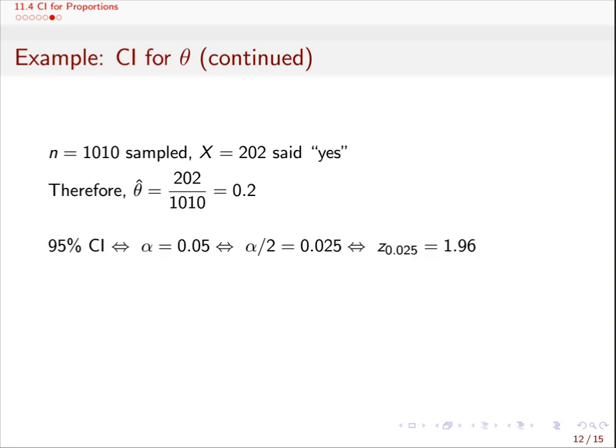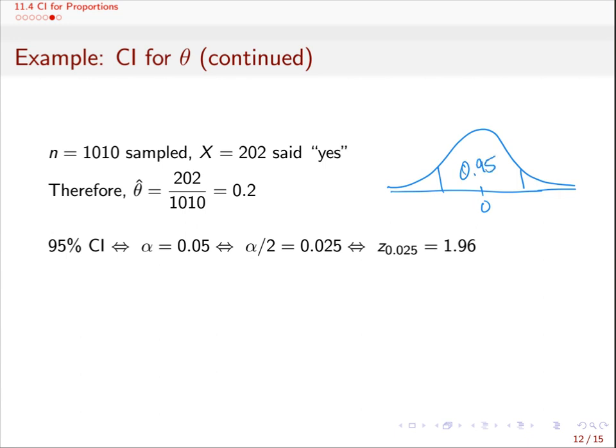Next, we need to figure out how to work with that 95% confidence interval. So recall, we take our z distribution, because that's what we're using to construct this confidence interval. It's centered at 0. And we're chopping off area in the left and right tails so that the area in the middle is 0.95.